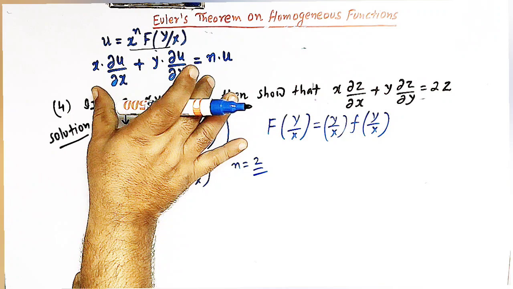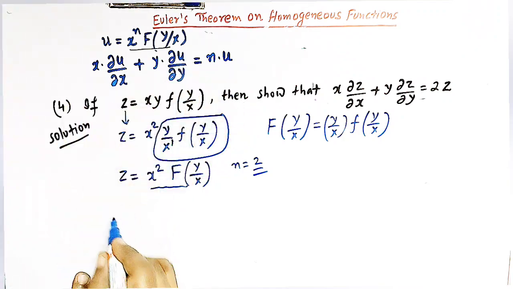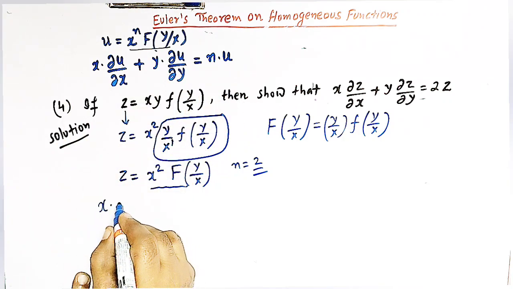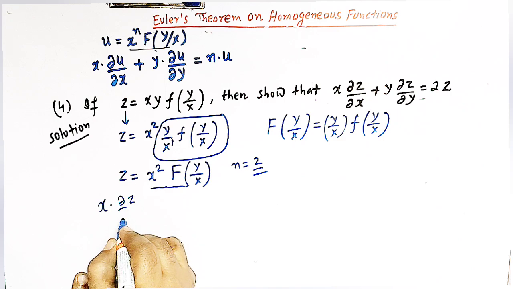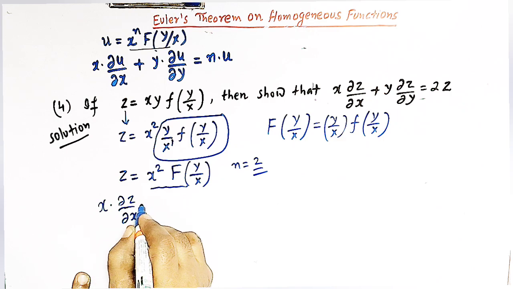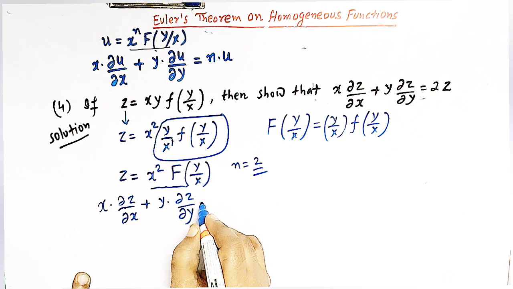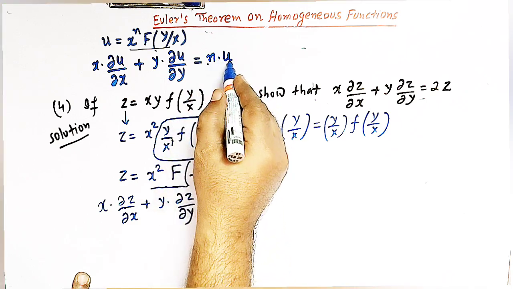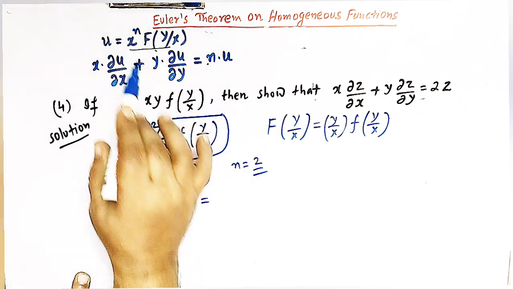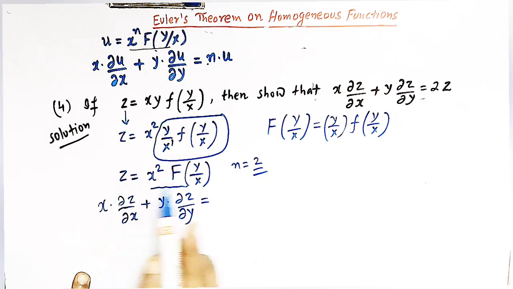So now applying Euler's theorem, we can now write x times del z over del x plus y times del z over del y is equal to n times u, where our function u is z, right?